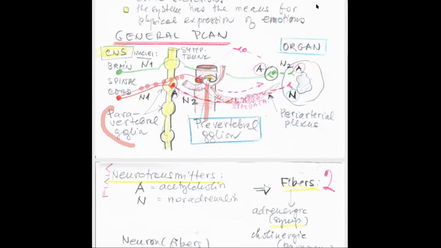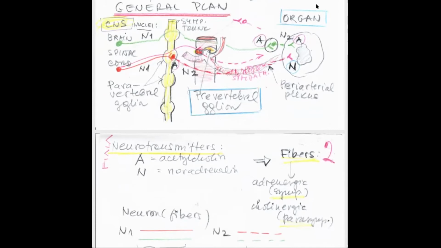Then after synapse, after interruption, it goes in the same way, usually together with the autonomic periarterial plexus to the organ. So there is a principal difference in the length of the neurons of the parasympathetic and sympathetic system. We will remember the names paravertebral ganglia and prevertebral ganglia for the following description.